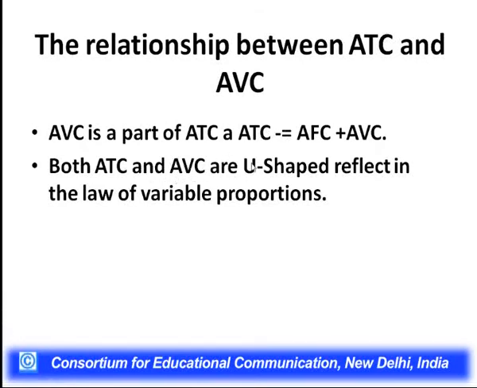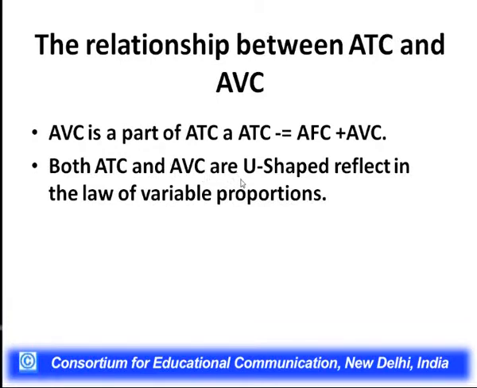Both ATC and AVC are U-shaped, and this reflects the law of variable proportions, because we know that in the law of variable proportions, firstly we have the law of increasing returns to a variable factor, which leads to a decline in average total cost.